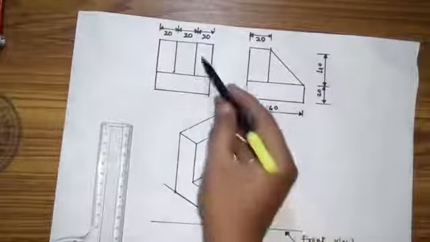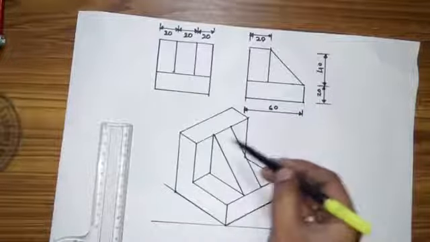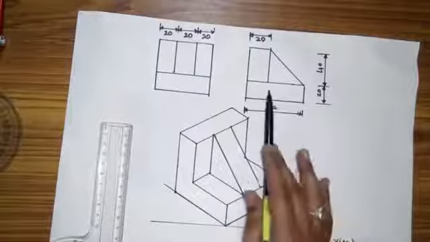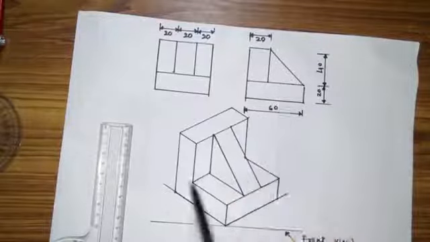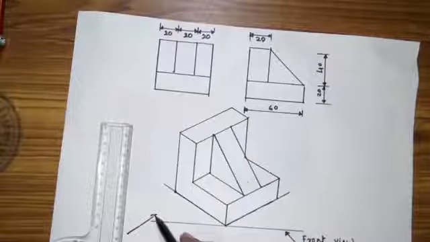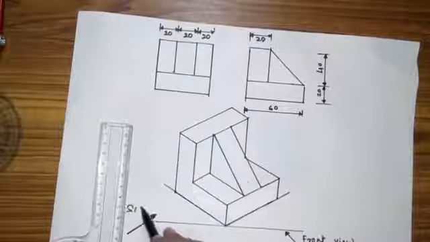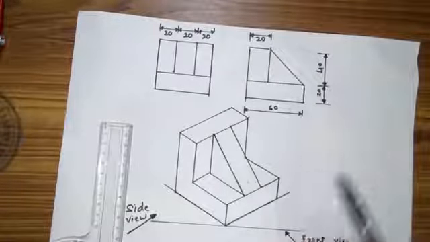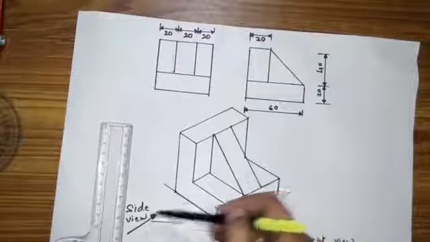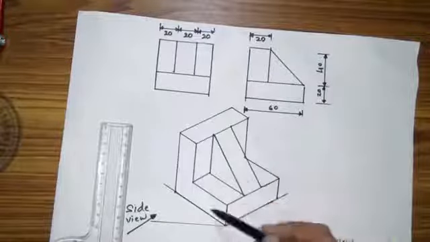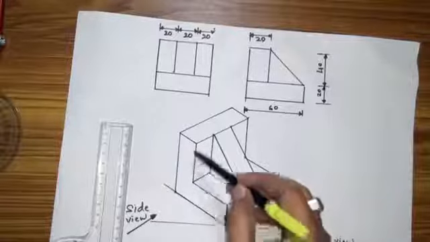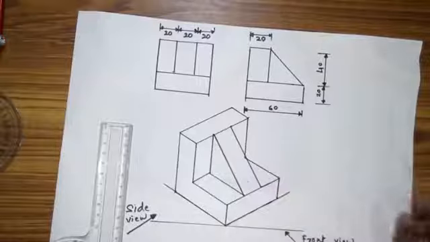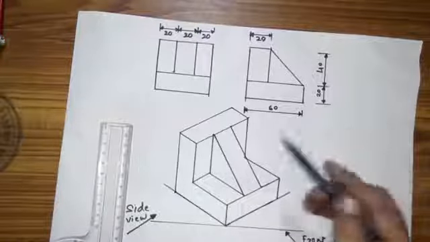Then these two boxes, this one and this one. Then the front view is complete. Then in the side view it is visible like this, from here, this is the side view. This L shape I have drawn is visible and this triangle is also visible. Okay, your solution is complete. This is the isometric.